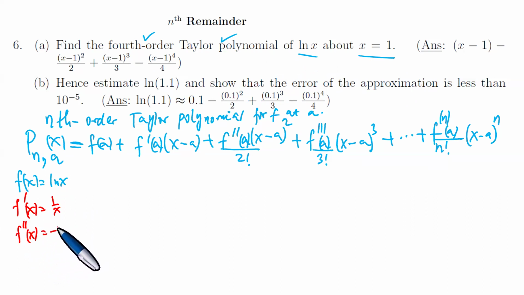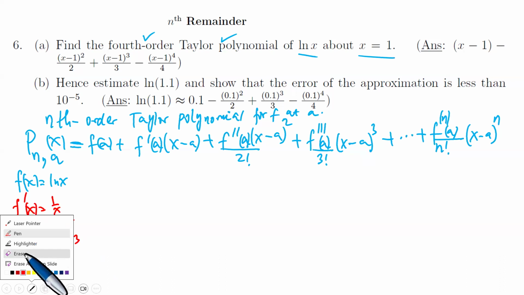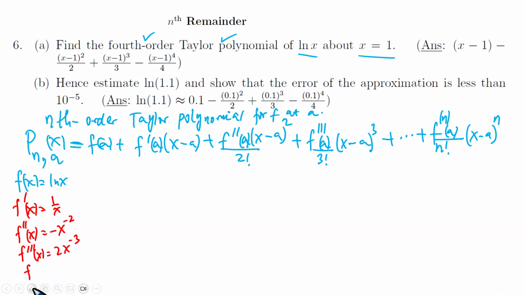The second derivative is minus x to the minus 2. The third derivative is 2x to the minus 3. The fourth derivative is minus 6x to the minus 4.